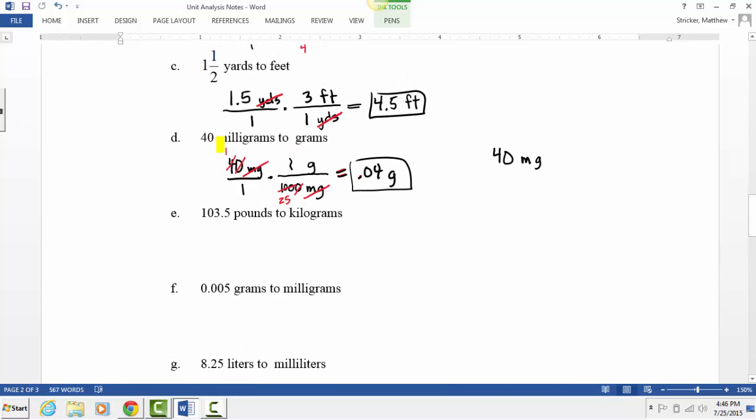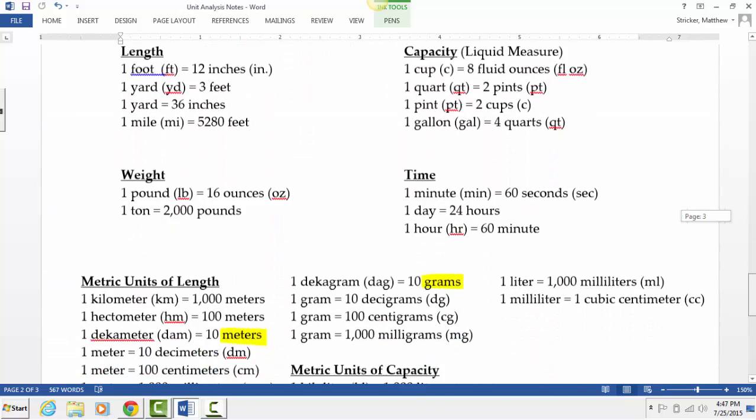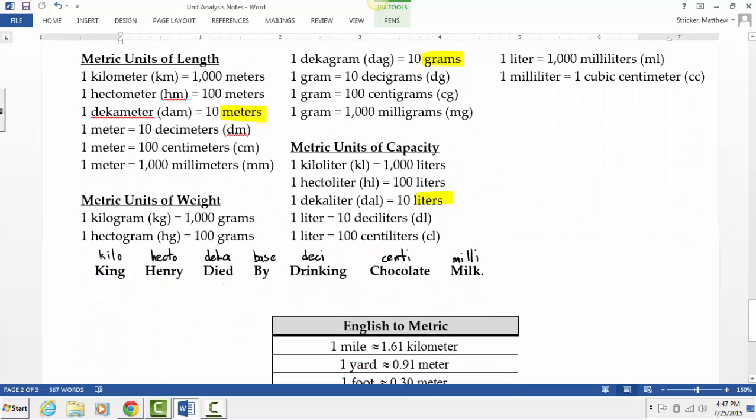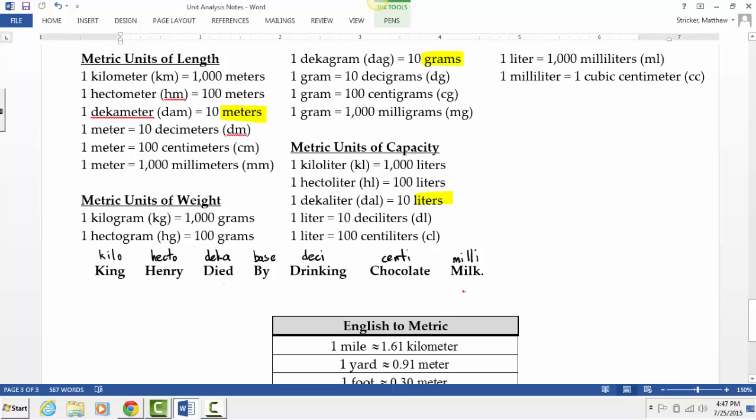So this problem says to go from 40 milligrams to grams. So we're starting out with milli though. So if you go here on the chart, milli is right here. So to go from milli to grams, we're moving from milligrams to the base unit of grams. This is grams here.